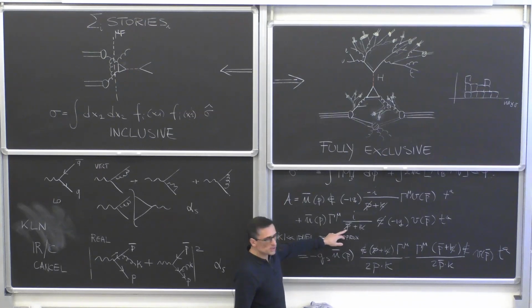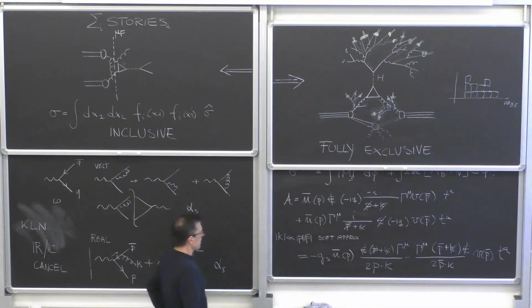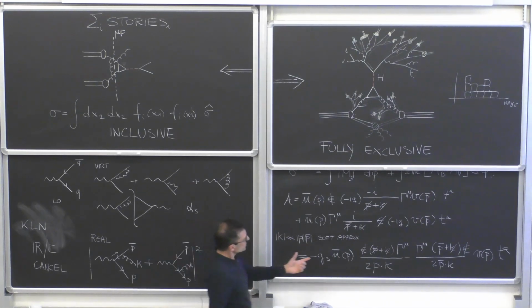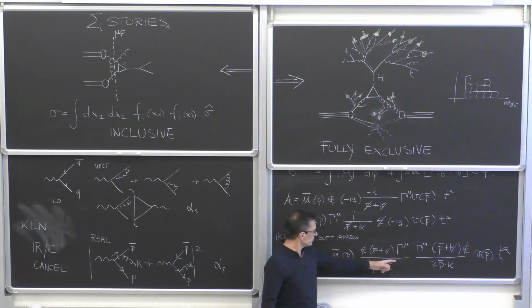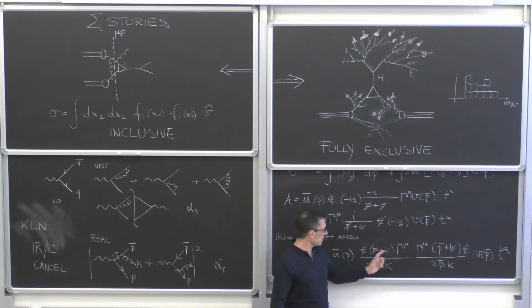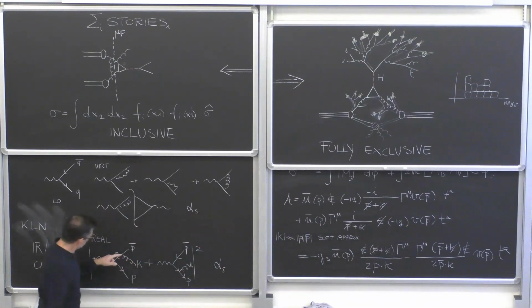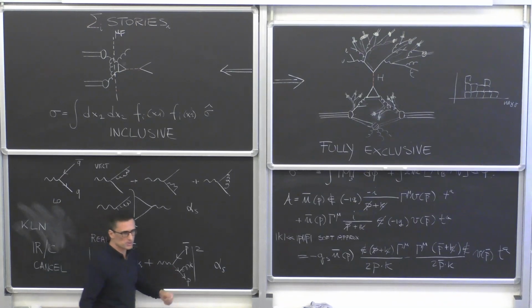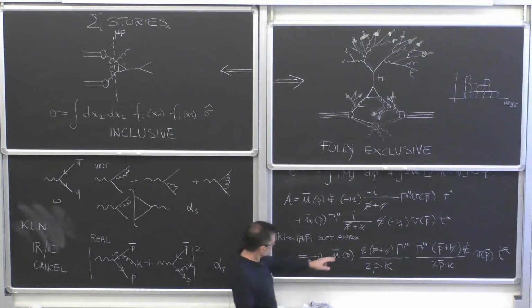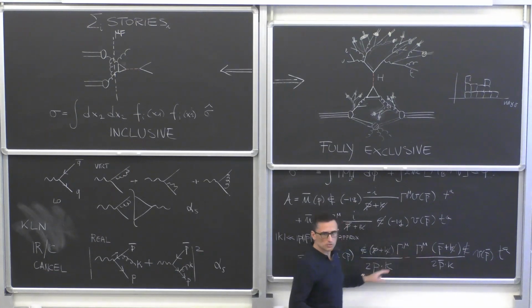I'm thinking of massless quarks, so P squared is 0 and P bar squared is 0. Notice that this minus we explained, and then there is an ordering which is different, because in one the gluon is attached before the vertex and in the other after the vertex. That also matters, so the ordering here is not the same.